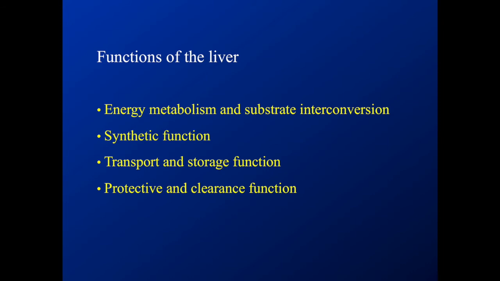It deals with all the materials that you ingest, and it creates substrates and energy compounds from this foodstuff that you take in. It has a synthetic function, creating a lot of proteins for a lot of different functions, some of those being transport. But the liver stores a lot of things in there, which we'll go into later. And it also has a protective and clearance function that is also very important.